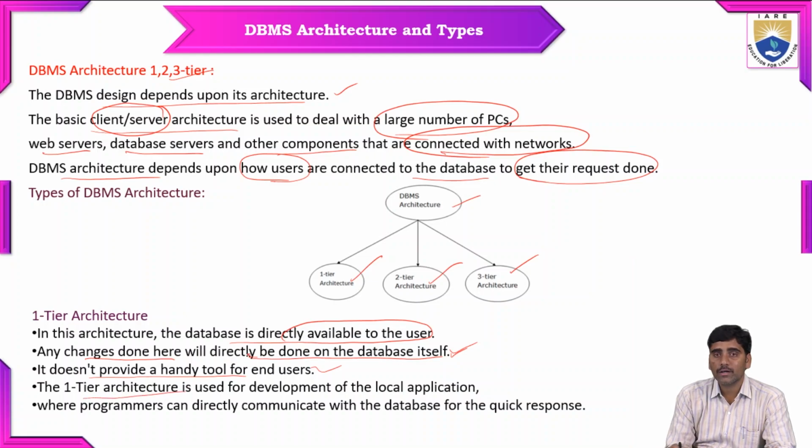The one-tier architecture is used for development of local applications, where programmers can directly communicate with the database for a quick response.